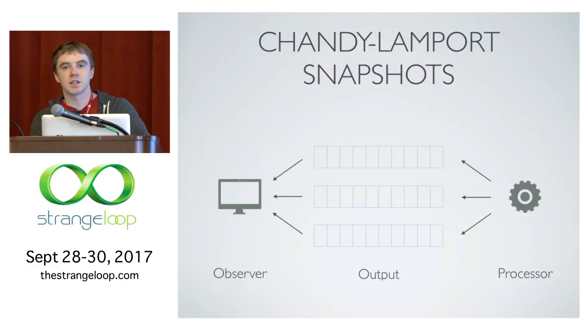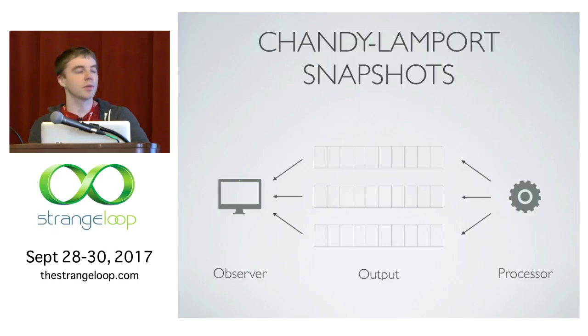And the question that the observer is asking is, how can I see a consistent state of the processing? So the processing is going along. We're computing state internally, and we're writing asynchronously to the output partitions. And the observer is reading asynchronously, so it wants to know when it's hit some kind of stable point where it can report data to the user, for example.